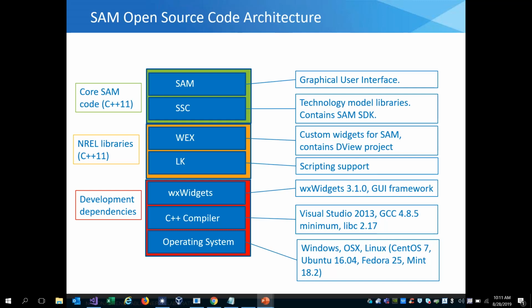This is also where the SAM SDK is built from, so the SAM SDK is essentially an API into SSC. Finally, the SAM project is a graphical user interface that includes all of these projects in some component and provides that sleek interface and experience.